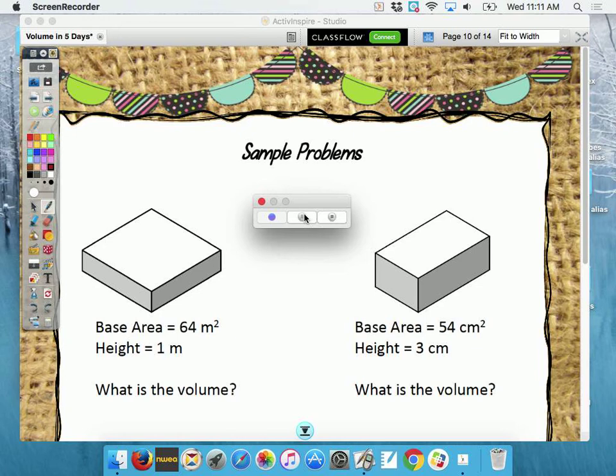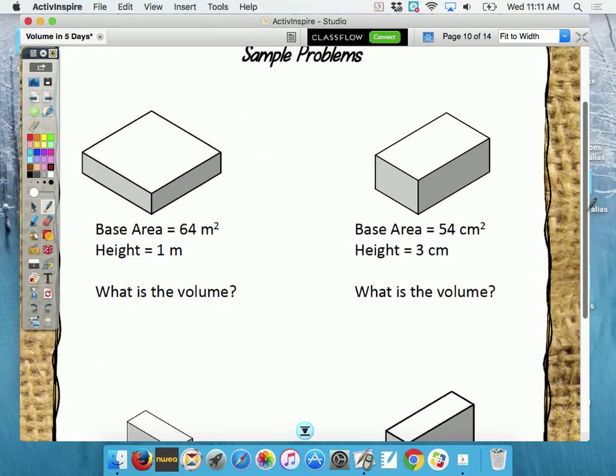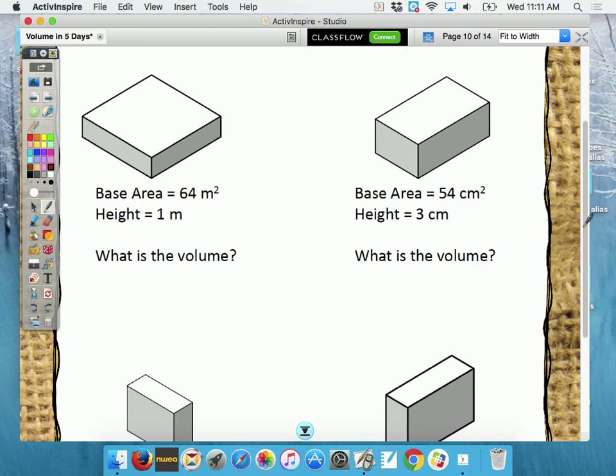First one, it's a little misleading. The first one's almost too easy because we've got a height of 1 meter. But let's look at what we know, okay? And before we do anything else, I want to label height. What's this? Width and length.